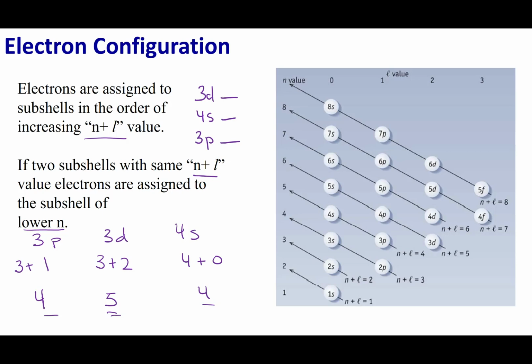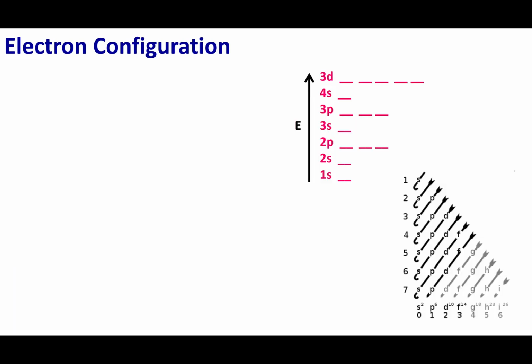And so this is the order. You're going to fill the 3p first, then the 4s, then the 3d orbitals. The last way that you can do it is you can simply memorize the order in which the diagram is laid out. Do whatever's most comfortable for you, but let's practice doing more electronic configurations.